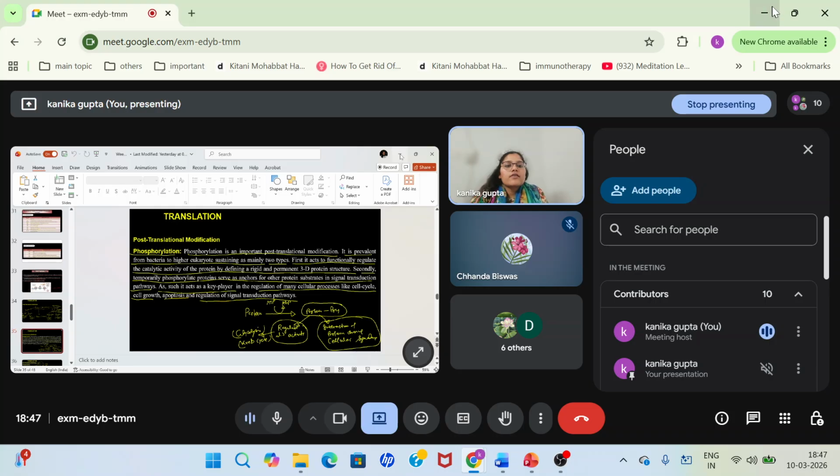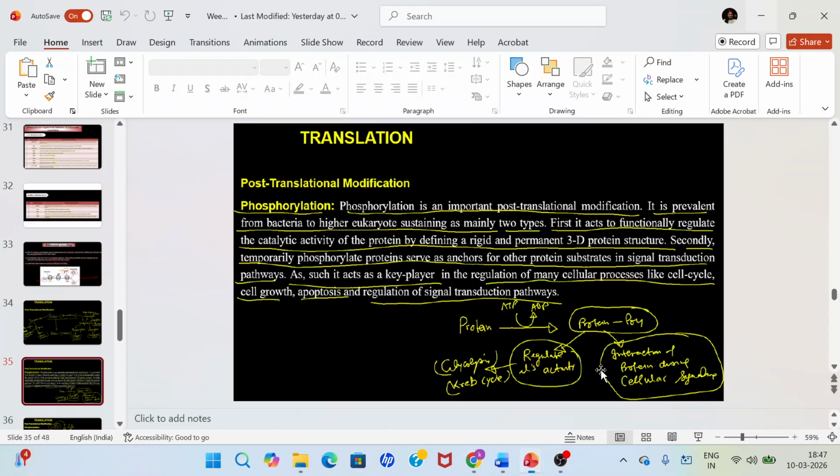Yes. So as I was telling you, it can either activate the protein or it can deactivate the protein, when a protein is attached with a post-translational modification, or we can say it is phosphorylated. If we go by the cell cycle pathway, it generally helps in the activation of the protein. If you know about the CDKs, we studied them when we were studying the cell cycle.